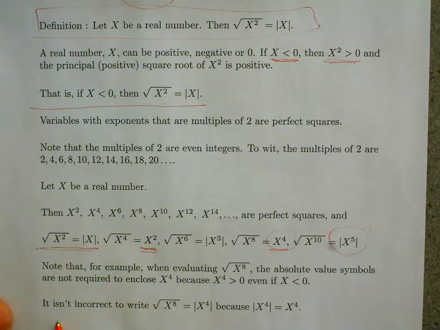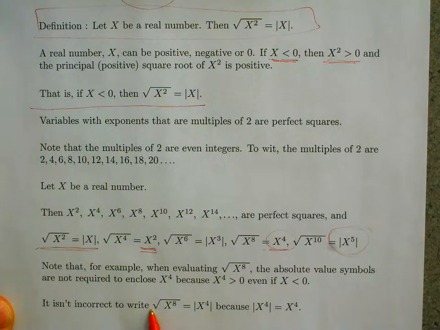But it's not incorrect to use the absolute value symbols for a principal square root or a positive square root, because the absolute value of x to the fourth is equal to x to the fourth.